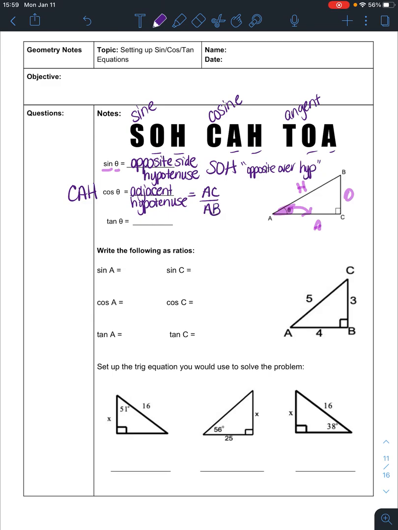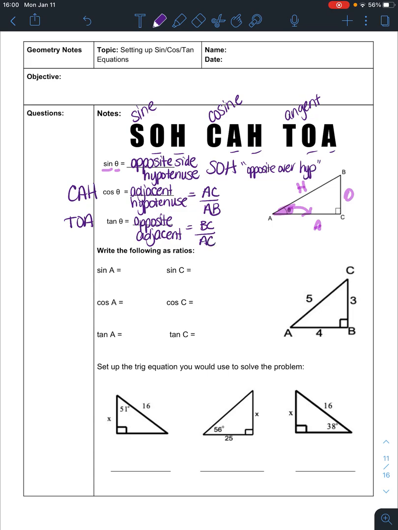And then we have tangent. The tangent of theta would be TOA, T-O-A. So you would have the opposite side divided by the adjacent side, opposite over adjacent, which in this case would be BC over AC, which is the adjacent side.